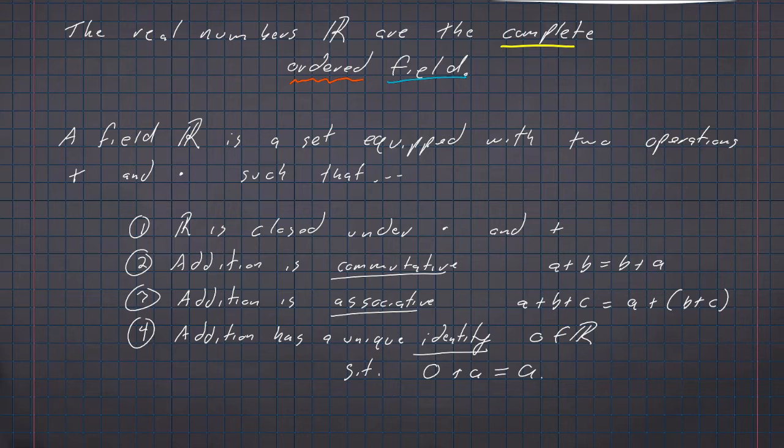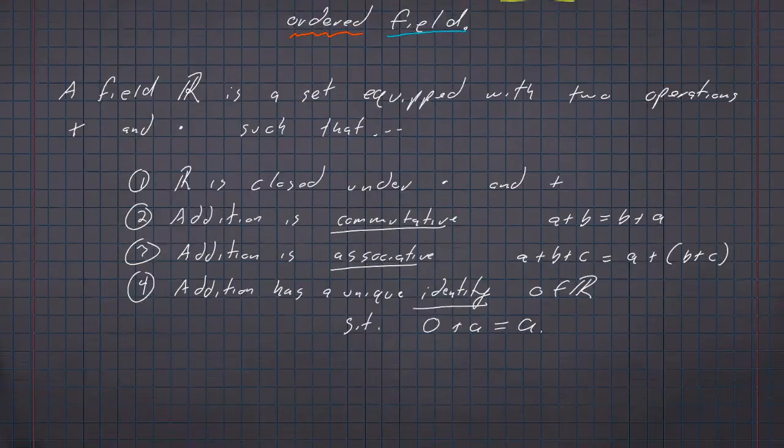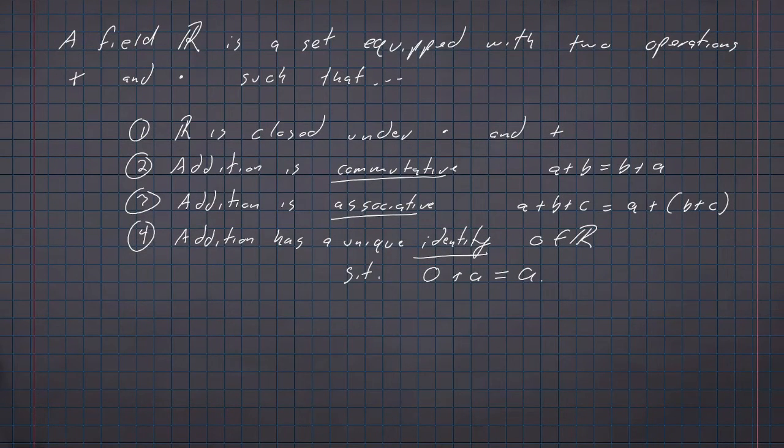We have a unique identity. The identity of addition is always written as 0. In other fields, that 0 might mean something drastically different from what you're accustomed to, but we always write it as 0. You add 0 to anything, you get back that thing.